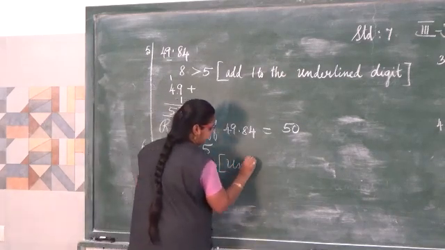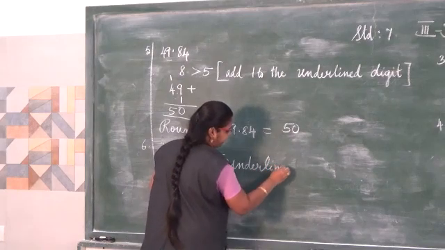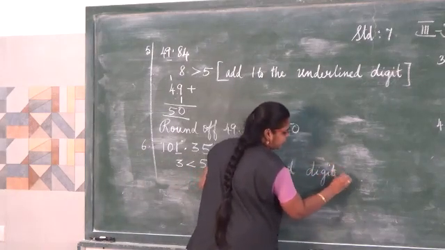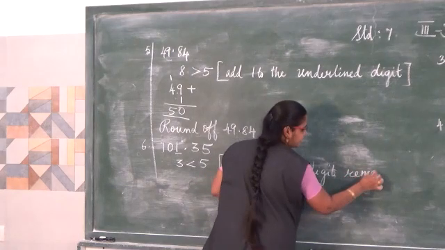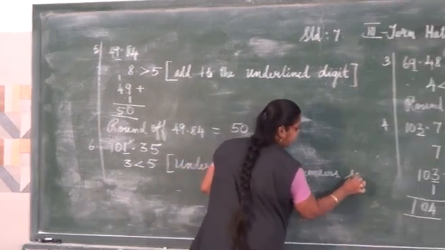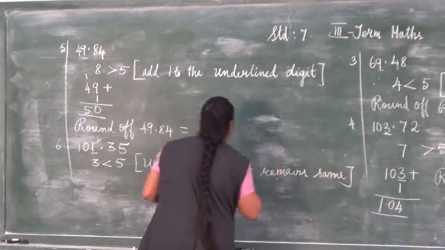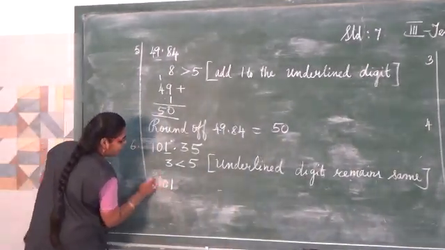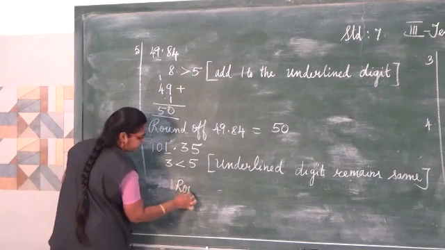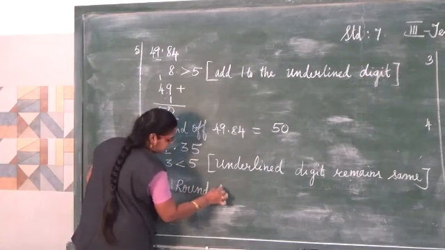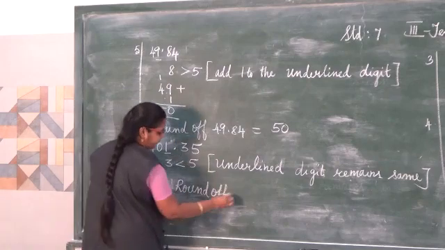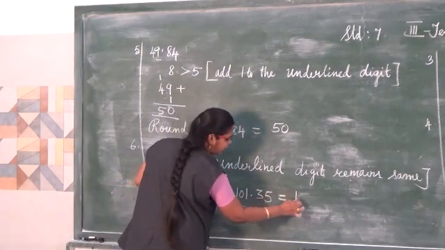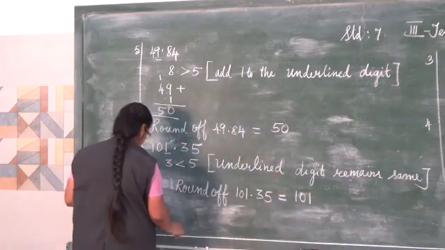So round off 101.35 is equal to 101 is the answer.